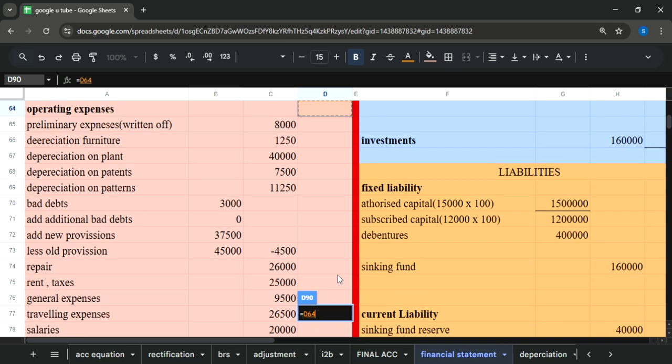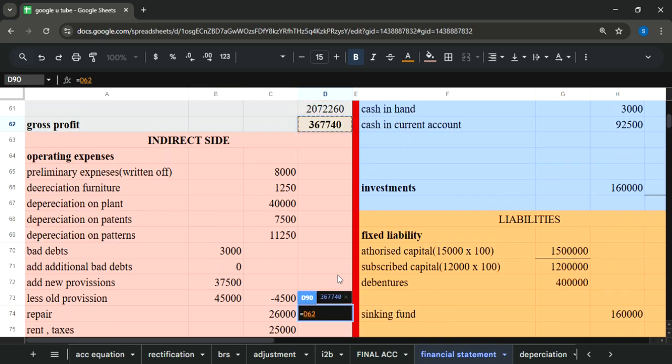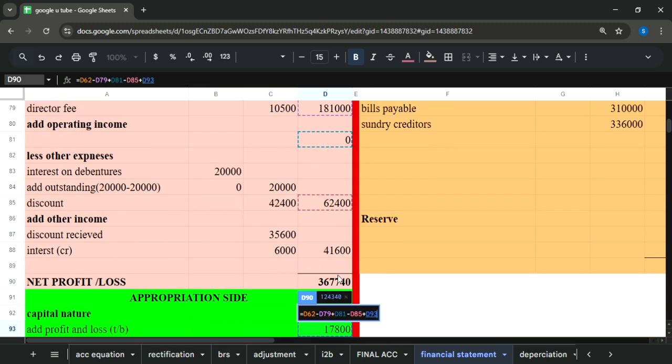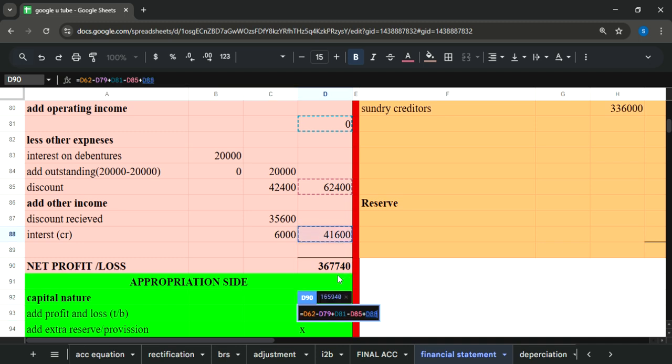For that, first we will take gross profit, then subtract operating expenses, then we will add operating income, subtract other expense, then we will add other income.